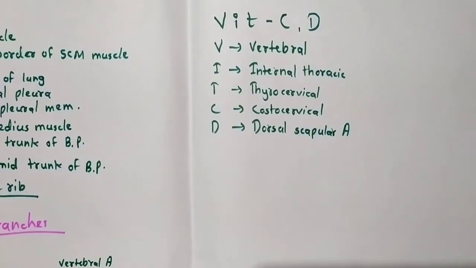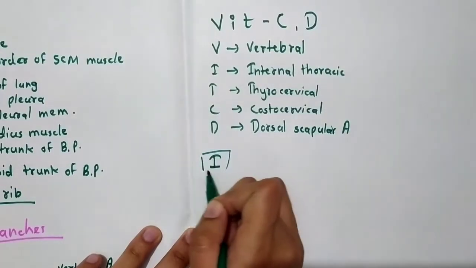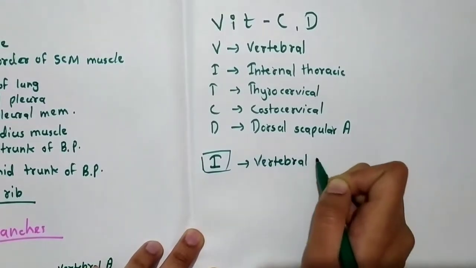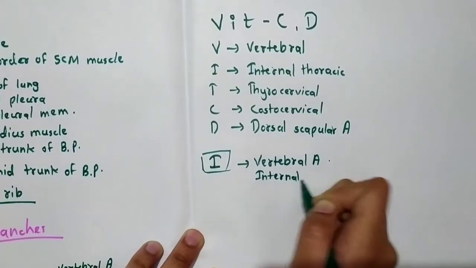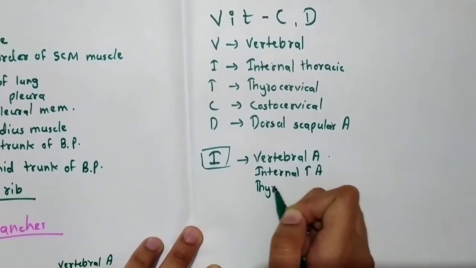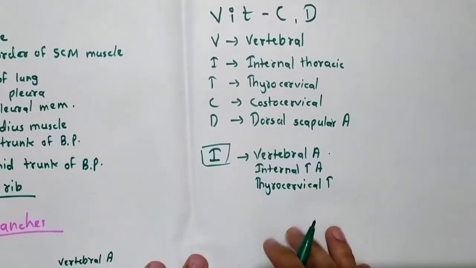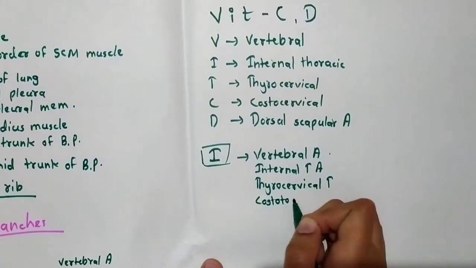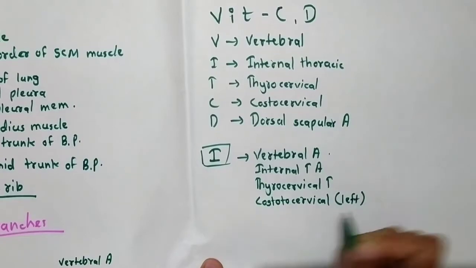Now we'll write down clearly. From the first part there is the vertebral artery, internal thoracic artery and thyrocervical trunk, and also the costocervical trunk on the left side.